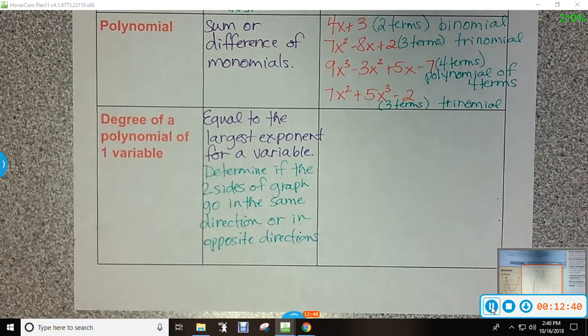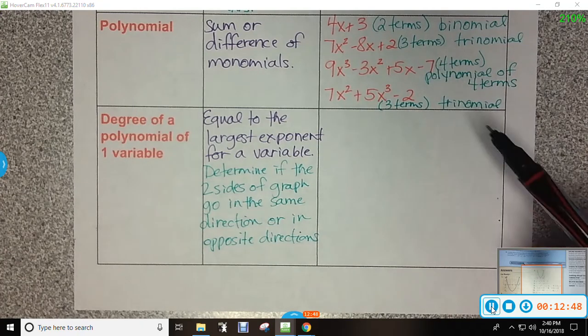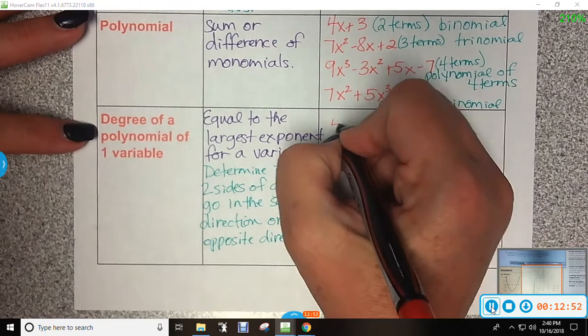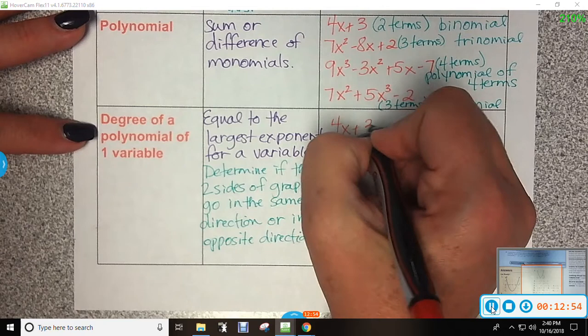And that will make more sense in a few minutes when we actually start looking at some graphs. The examples we're going to use here are the same examples we used before. We're just going to talk about different parts of those examples. So just go ahead and recopy them.